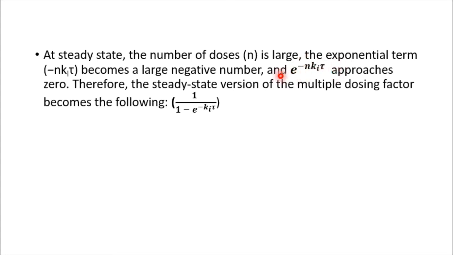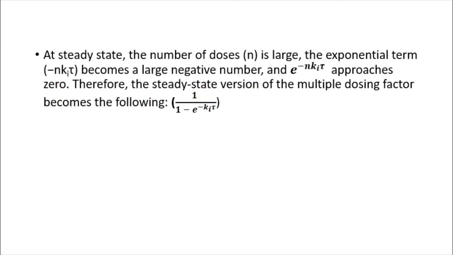Therefore, the steady state version of the multiple dosing factor becomes the following: 1 over 1 minus e to the power of minus k tau. Here we assume that following a high number of doses, the drug will definitely reach a steady state plasma concentration. At steady state, since this number becomes very high, the value approaches 0, and therefore this factor can be written this way.